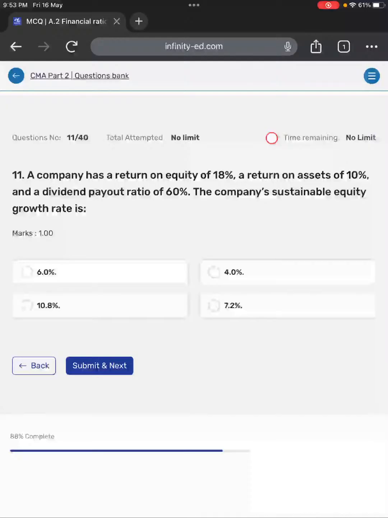Also another formula: with return on equity 18%, payout of 60% means the retention ratio will be 40%.